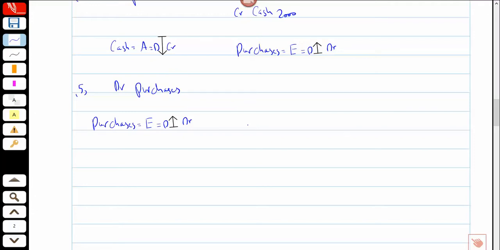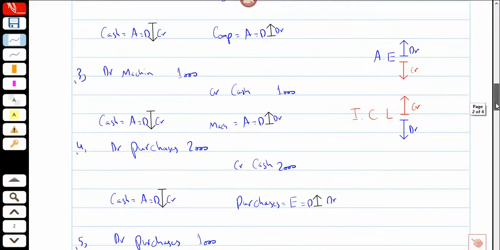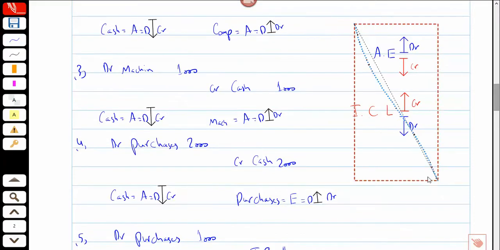Instead of cash, now we have trade payables, TP, and that trade payable is a liability. Liabilities are credit by nature. In this case, they have increased. An increase of a credit is credit. So credit, trade payables. The amount was 1,000. Okay, so let me bring the rule below.